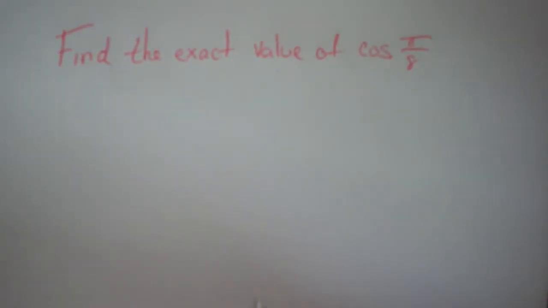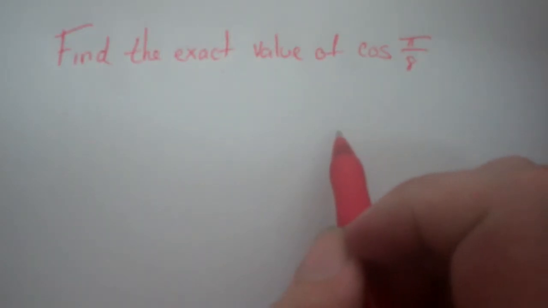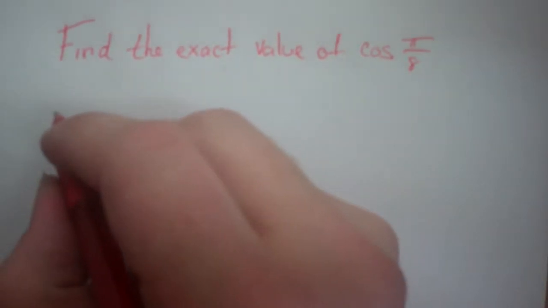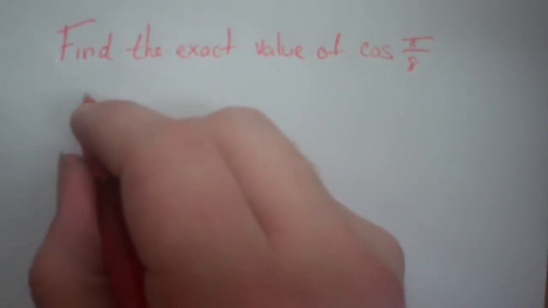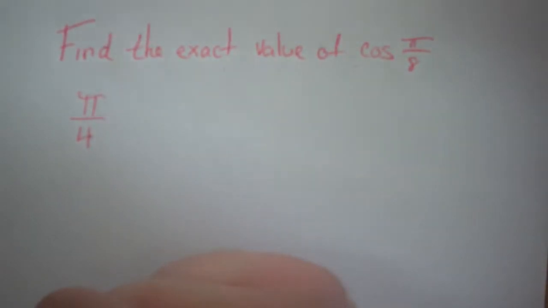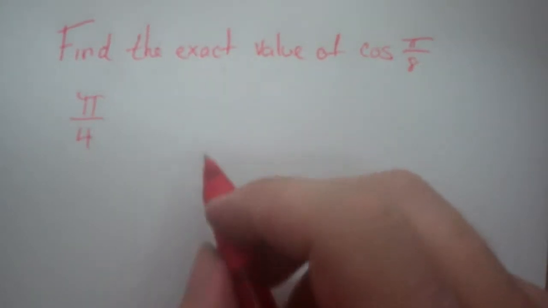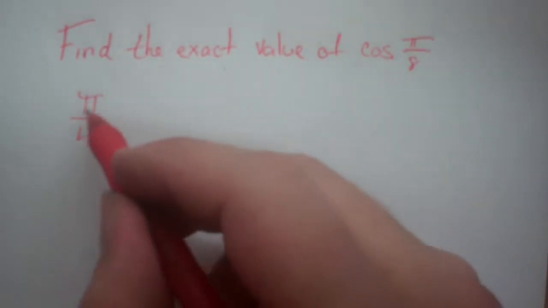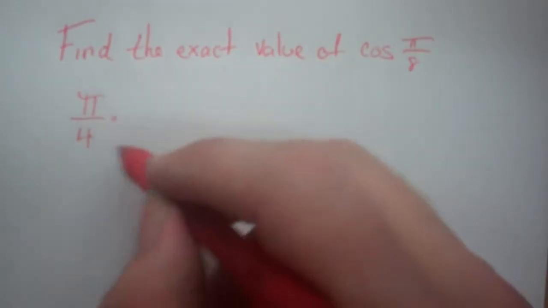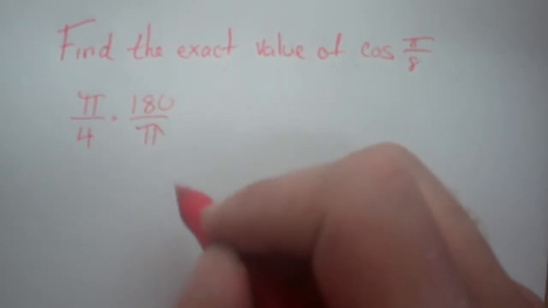Now, to find the exact value of the cosine of pi over 8, I don't know what the exact value of pi over 8 is, but I do know the exact value of pi over 4. Remember pi over 4? If you're not comfortable with the fact that these are in radians, feel free to convert them to degrees. In fact, I'll do that right here. Pi over 4, if I want to convert that to degrees, I'll multiply that by 180 over pi.